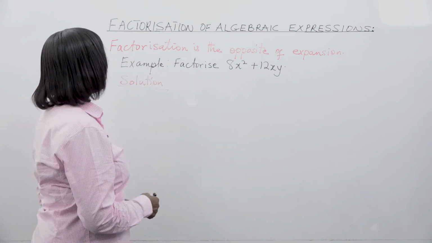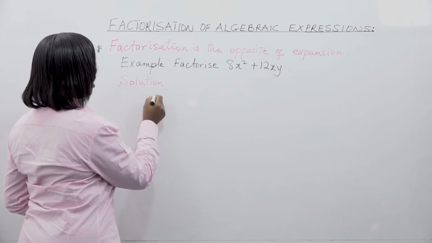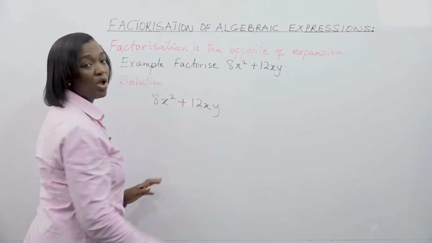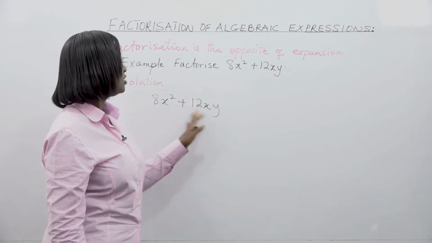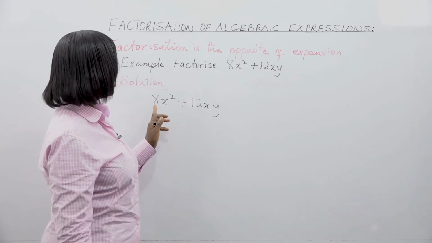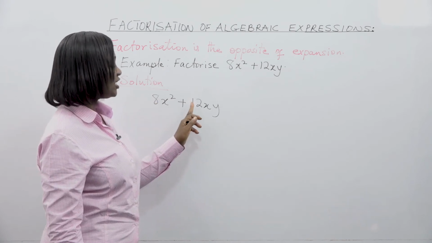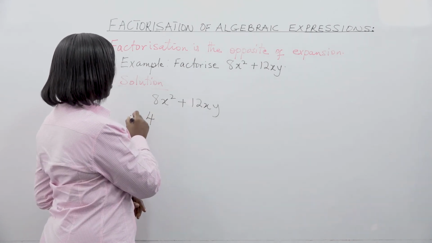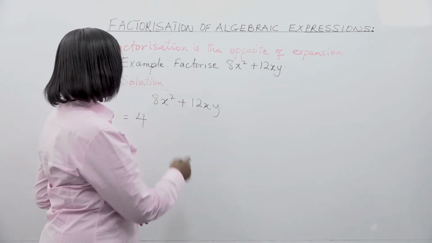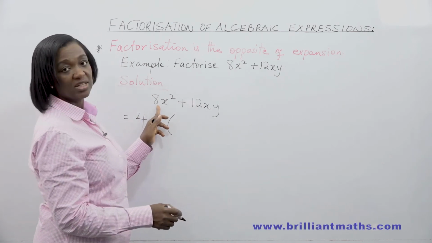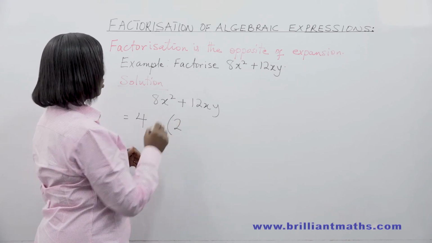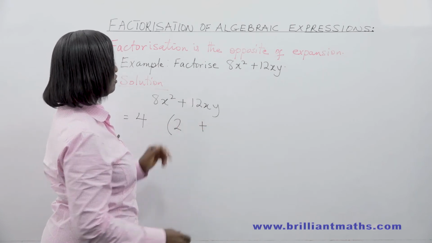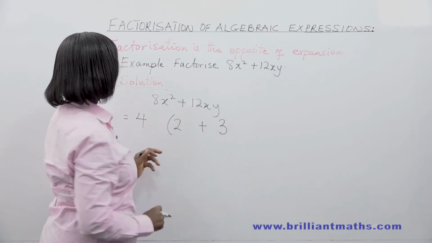Let's try that out. So to factorize that, we have 8x squared plus 12xy. We want to find the highest common factor of the two terms. The highest common factor of 8 and 12 is 4. So we take out 4. 4 into 8 is 2. 4 into 12 is 3.